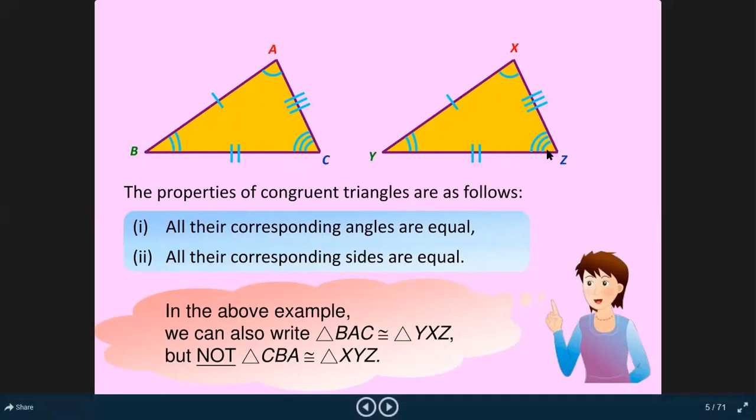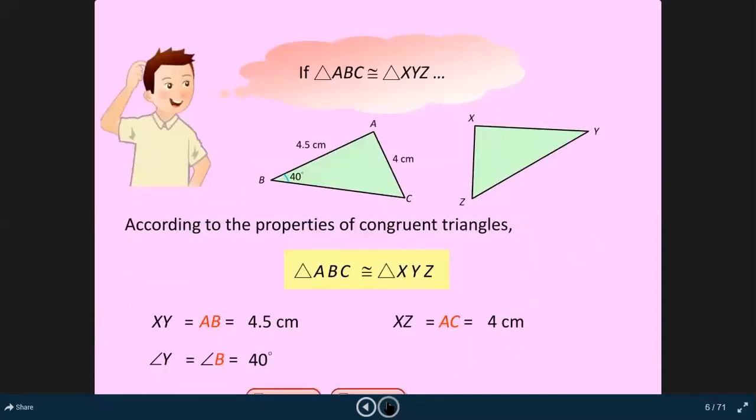C congruent with Z, A congruent with X, and B congruent with Y. Okay, for this reason we said not CBA with XYZ.